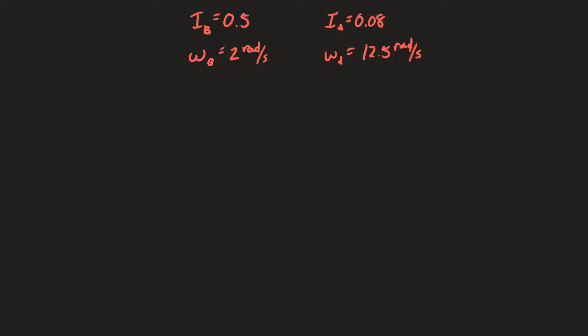That's probably what I would ask next. But I probably wouldn't ask it that way. What I would probably ask instead is how much work was done on the puck when you pulled on the string. That's what I'm likely to ask, and that's designed to be tricky. But they are the same question.